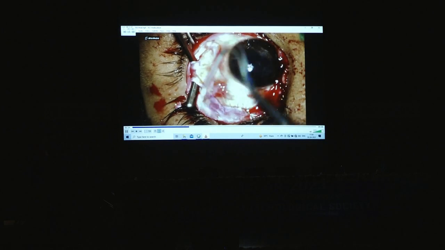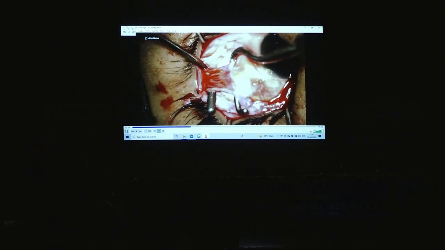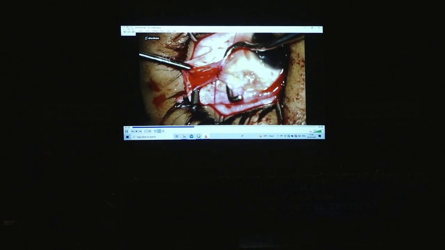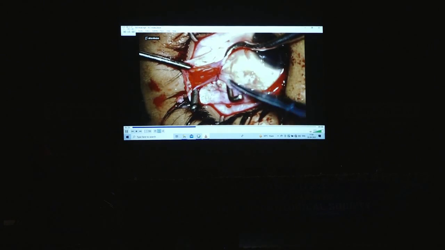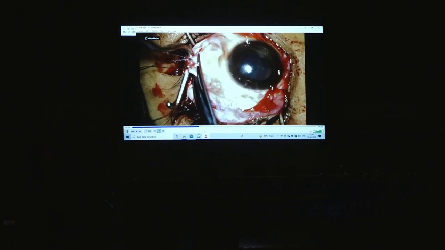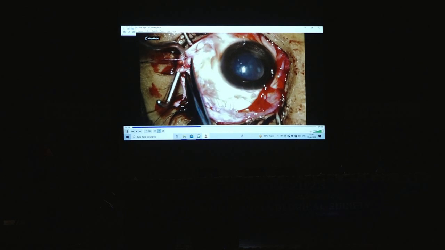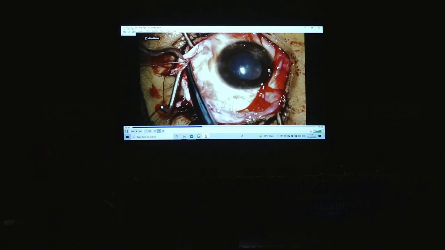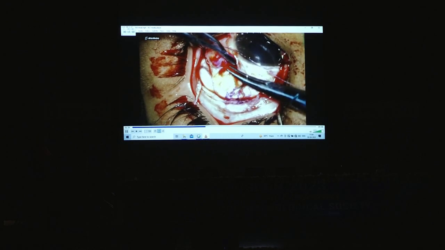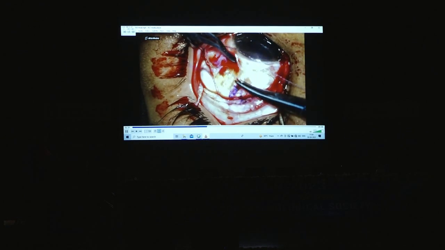After that it is disinserted, and after disinserting it is translocated to the superior rectus, maintaining the circle of Helix so that the vector force acts superiorly and the eye moves from hypotropia to orthophoria in the primary position. So now the bite has been taken.